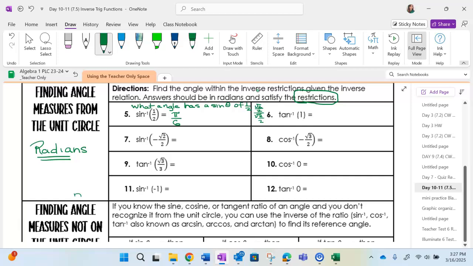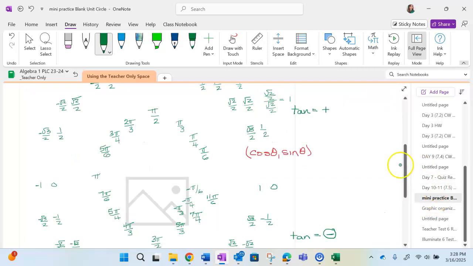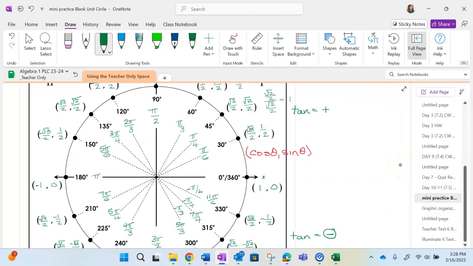Okay? So let's go back and look at our unit circle. Now remember, tangent can be quadrant 1 and quadrant 4. So let me go look at our unit circle. In quadrant 1, square root of 2 over 2 and square root of 2 over 2 works because it's a positive divided by a positive, which gives you a 1. So that works.